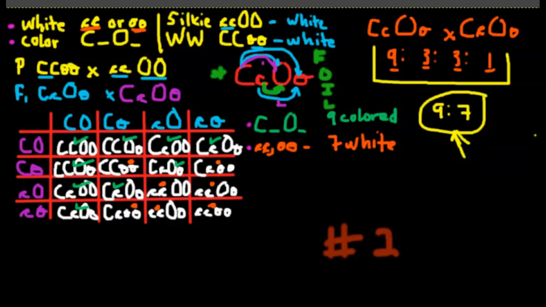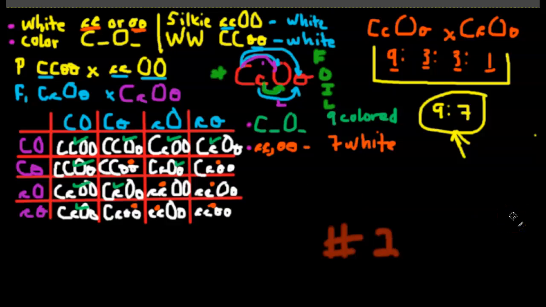And just so you can see the whole thing at one time, I made it a little smaller, so here you can see the whole thing. Now we had to go and count them, and we found out there's 9 that are colored. Those are the ones with the green check marks. And 7 were white. 7 had 2 little c's or 2 little o's.